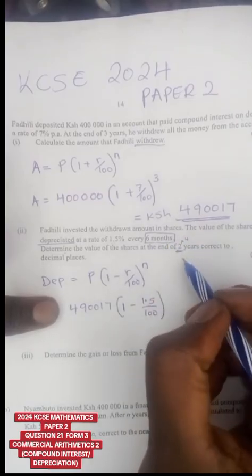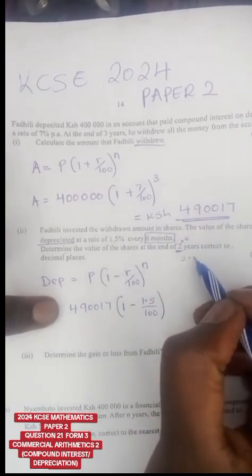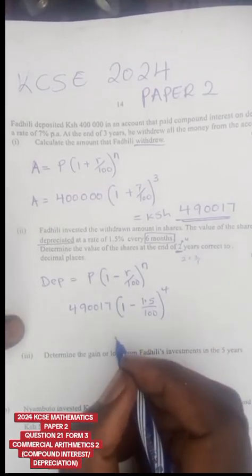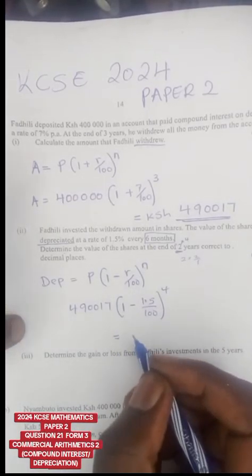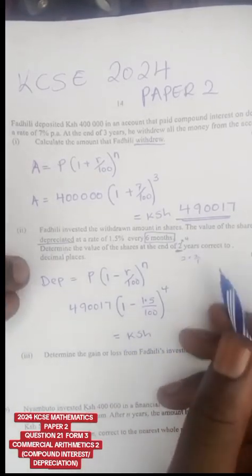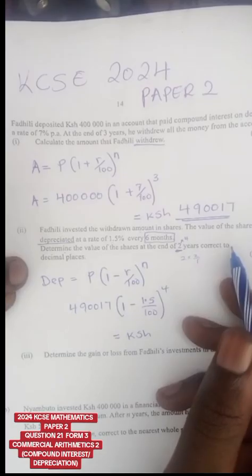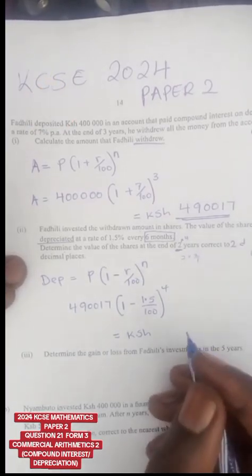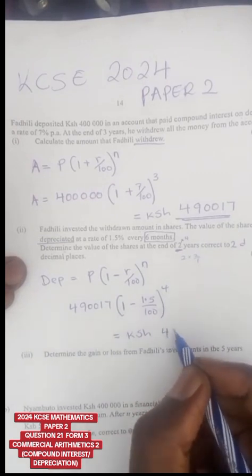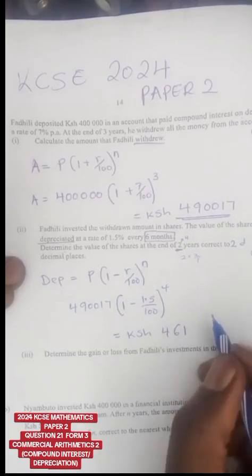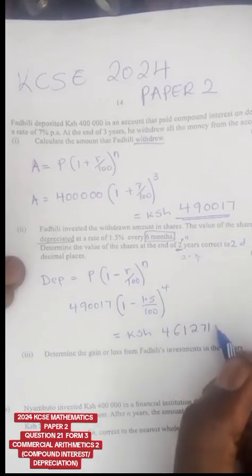So we'll have 4 there. If you press in the calculator, correct to 2 decimal places, it will be 461,271.10. So that is the amount there.